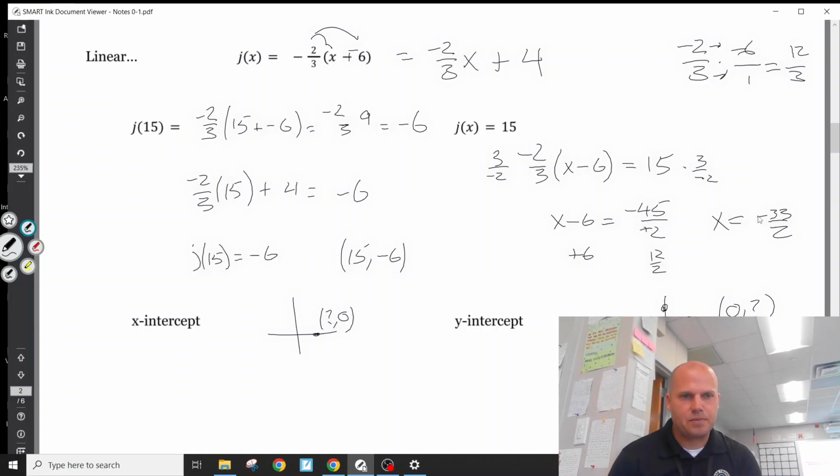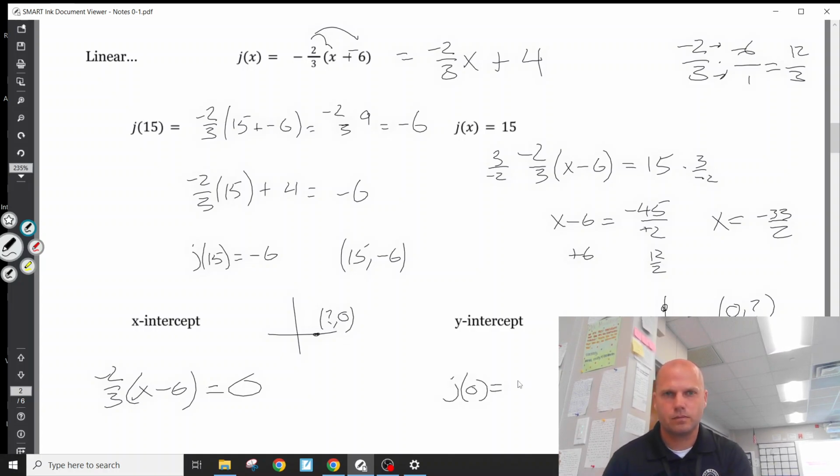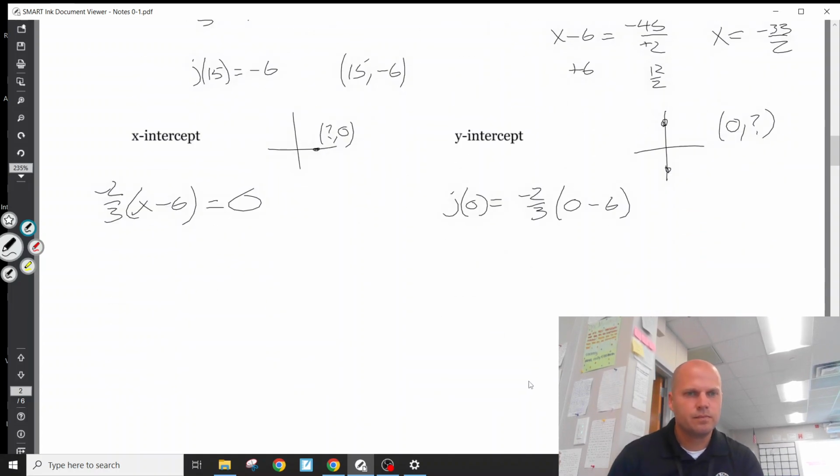Cool. X-intercept, when the function outputs a value of 0. Y-intercept, when you plug in 0. I'm going to distribute. I will undo what's being done, subtracting the 4.